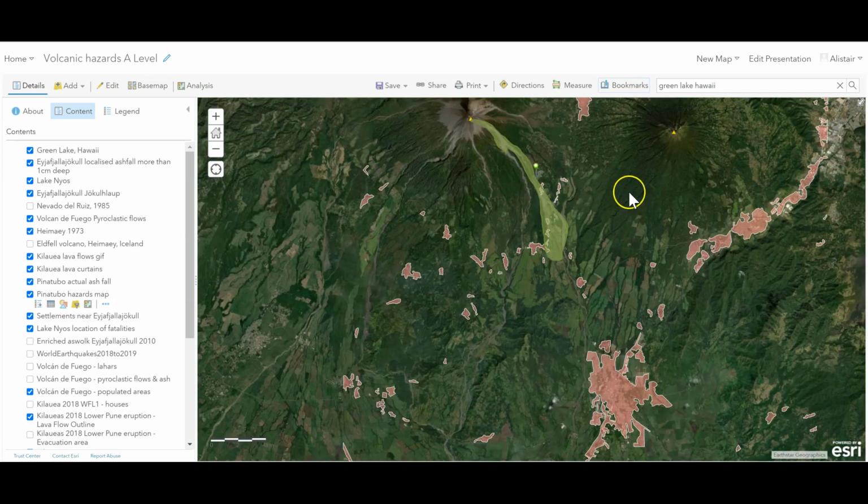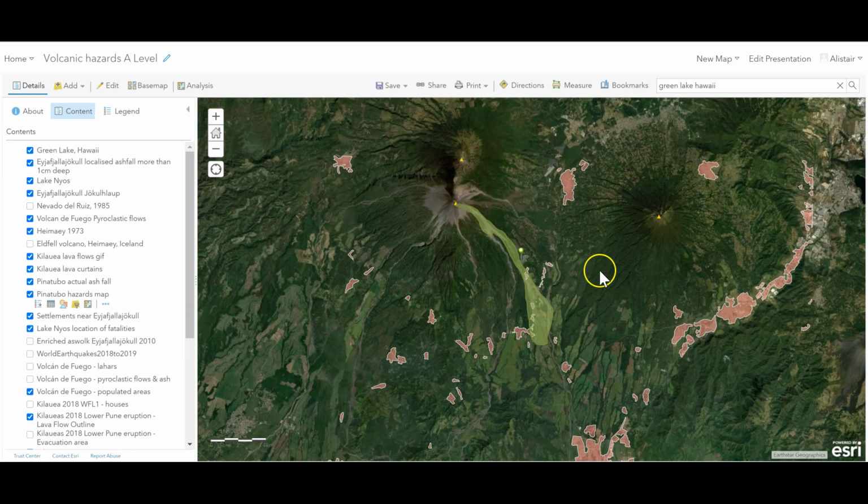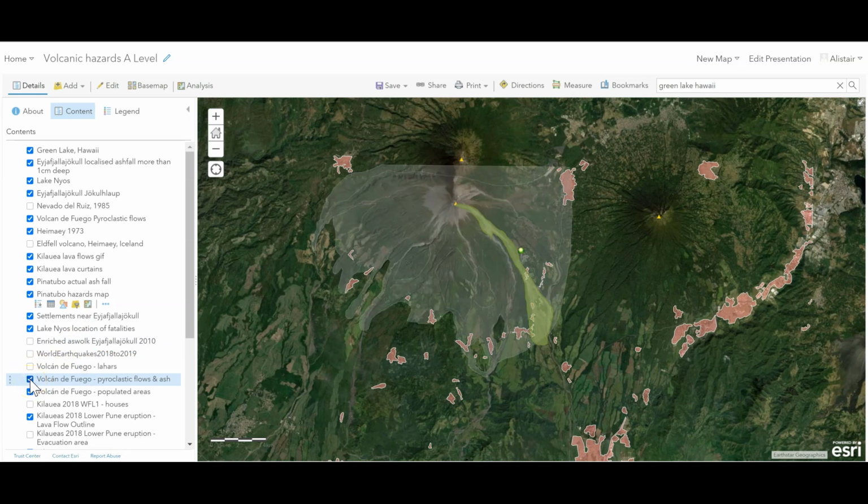But let's come back to Fuego again. This will be our case study. But the major issue in the initial stages of the eruption with Fuego was this pyroclastic flow. But here's another reason why the lahars can be a danger in the longer term, because they can be a danger after the eruption is finished.